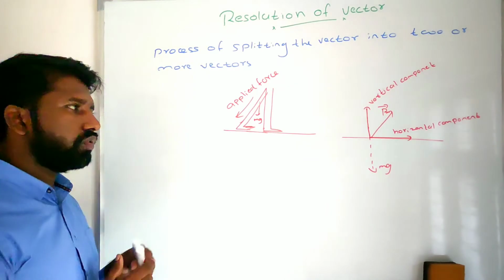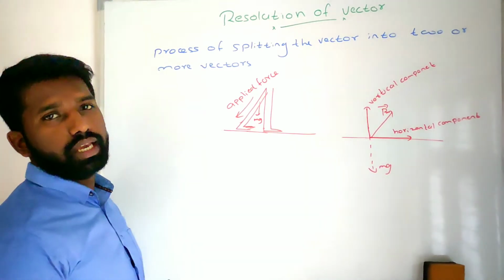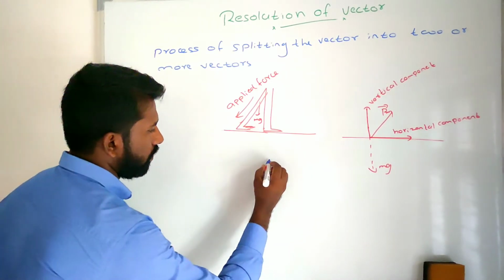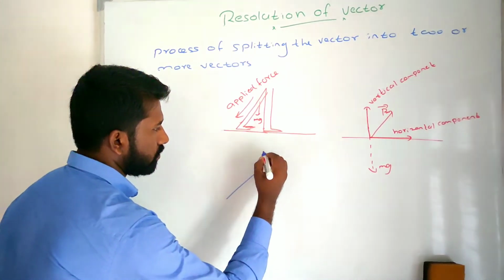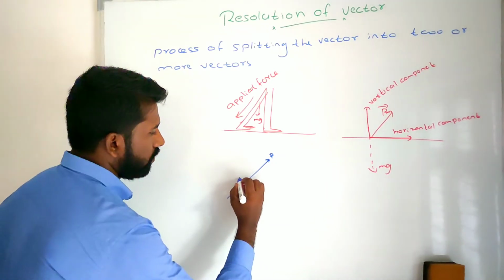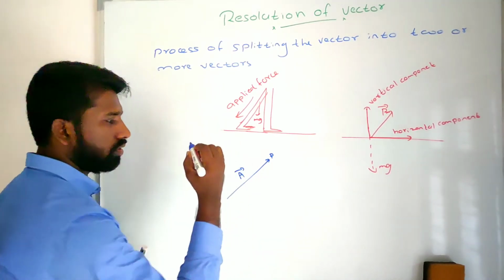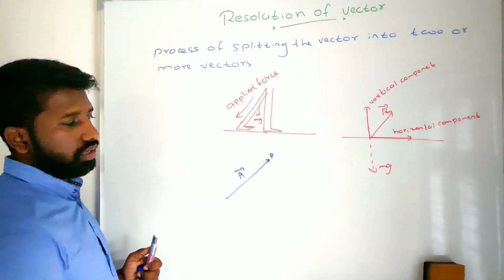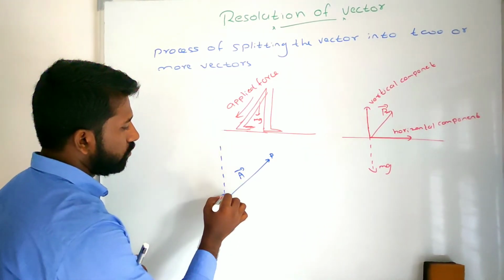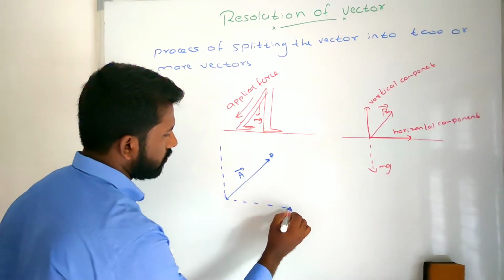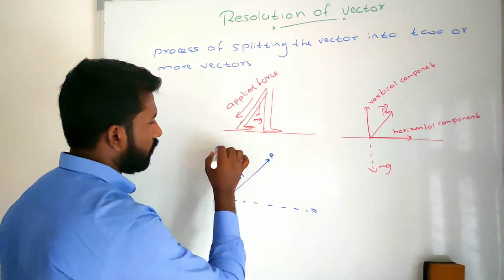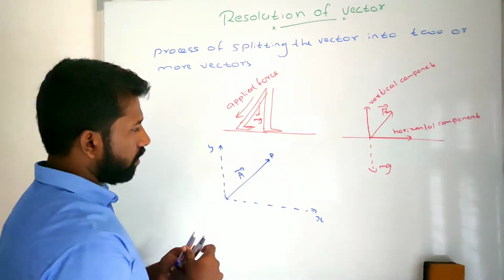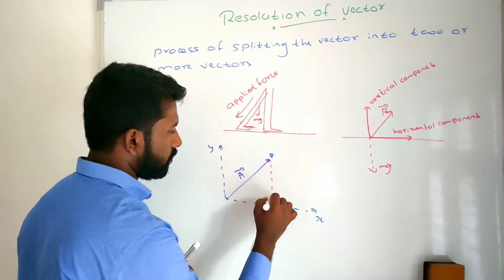So if you need to split the vector along the xy axes, what will you do? Look at it like this. If this is a vector, this is a point. This is an A vector. If you need to split this vector along the x and y axes, you have to draw two perpendicular axes, x and y, and draw a perpendicular from this point.